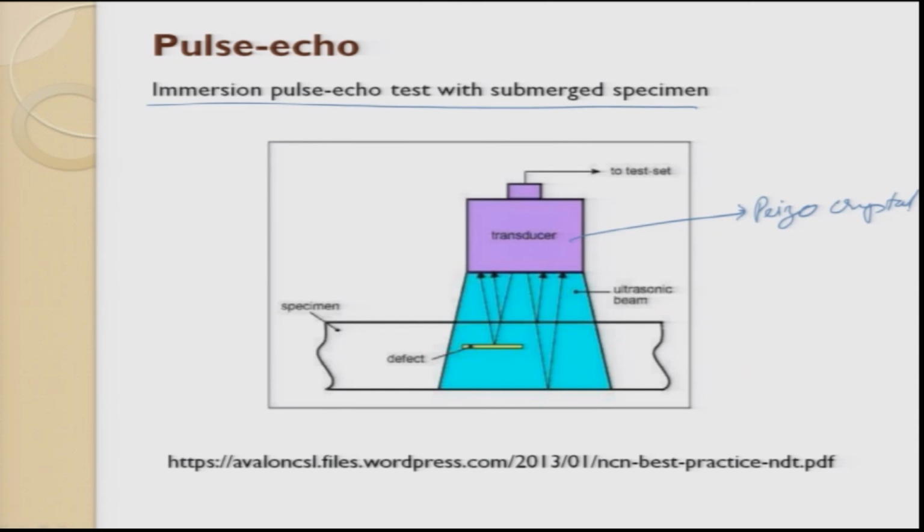This piezo crystal vibrates, and when it vibrates it transmits sound waves, and these sound waves hit the surface and travel back. Wherever there is a difference in material or a difference in interface, sound waves get reflected back. So, the reflected sound waves are collected.